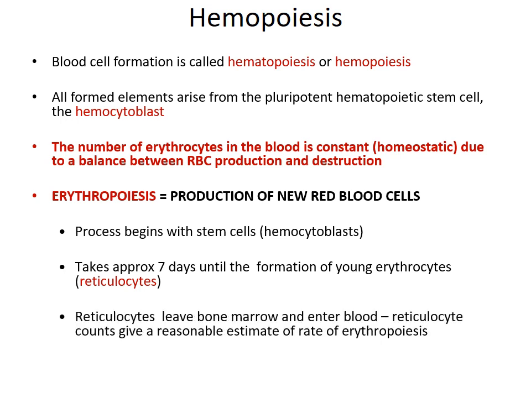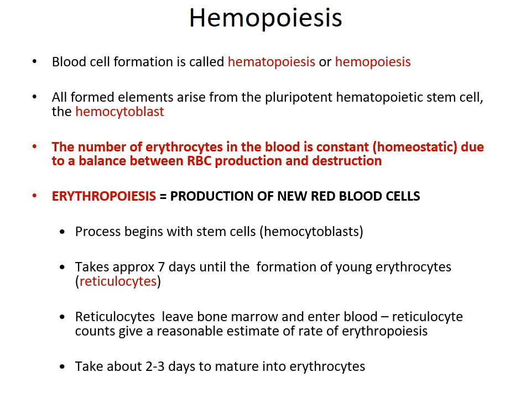Reticulocytes will leave the bone marrow and enter into the blood, and in the blood they get matured. It will take approximately another 2 to 3 days to mature into a mature RBC, the erythrocyte.